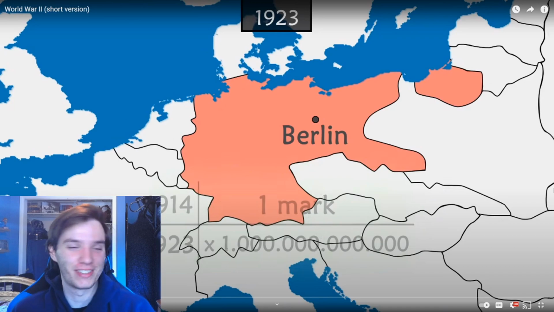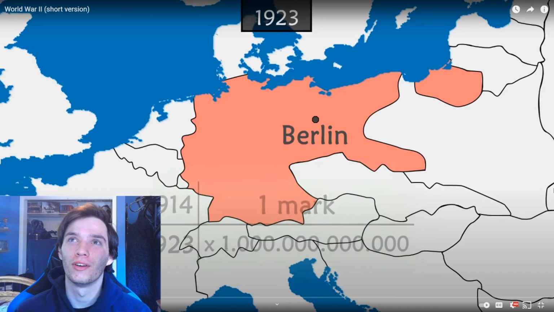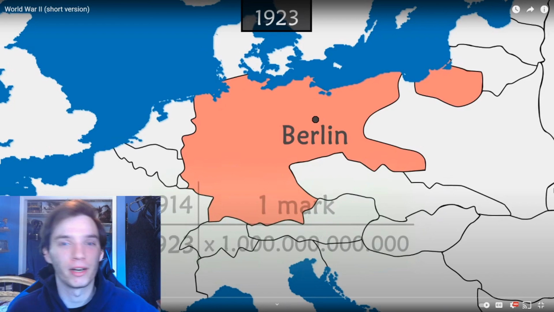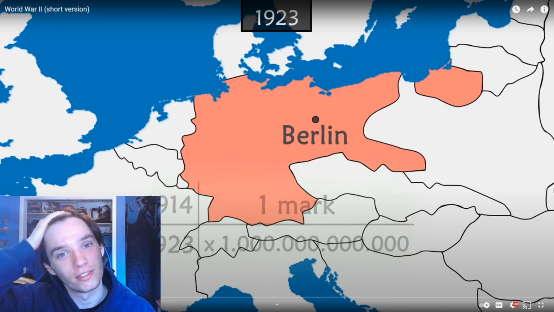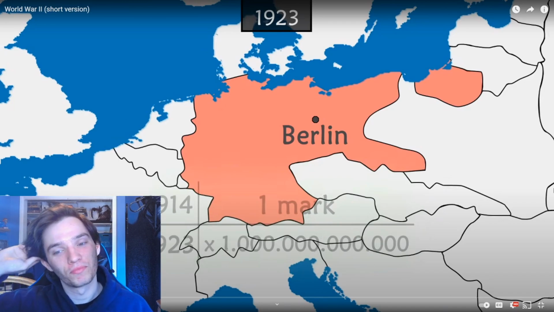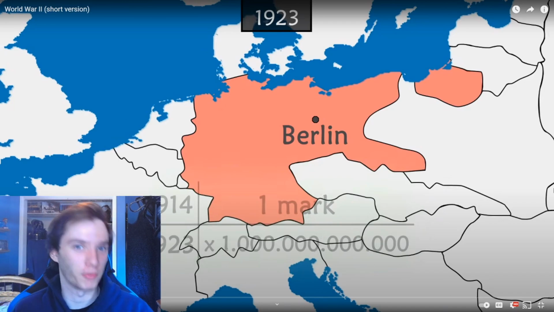And I used this statistic both times. But it was more of a comparison to $1 US is this many German marks, because I'm an American and I was teaching American students. So I thought this would be the best statistic for them to wrap their heads around the sheer hyperinflation on the German mark at this time.